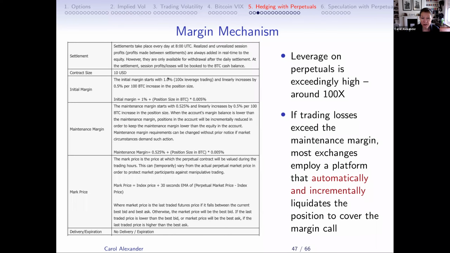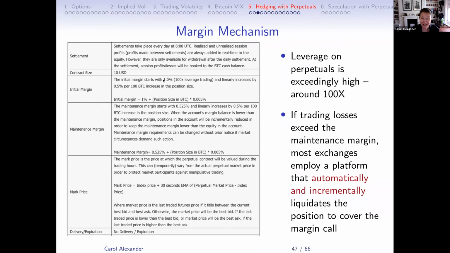So the initial margin, the minimum margin, is only 1%. So if I wanted to take a position of 100 USD, so 10 perpetual contracts, I would only have to put up $1 if I wanted. But then if I've got 100 USD in value, as soon as it falls, depending on how much I've got in the margin account, if I've only got $1, I'm going to have a margin call.